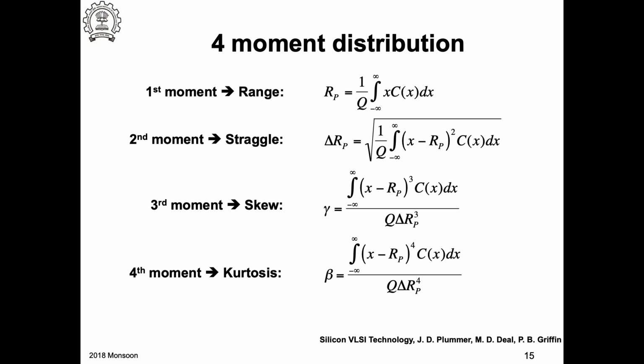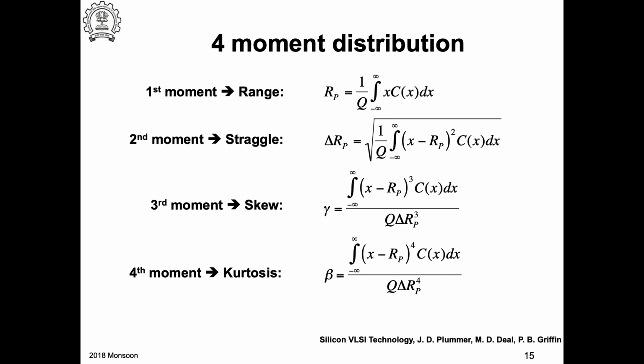So they use what is called a 4-moment distribution. In addition to the range and the straggle, you add 2 more components. The skew: for example, in the profile here, the skew would indicate which way it is deviating. So this is my Gaussian, and this would be the skew. This part can be taken care of by defining it in software, saying it is skewed in a certain way.